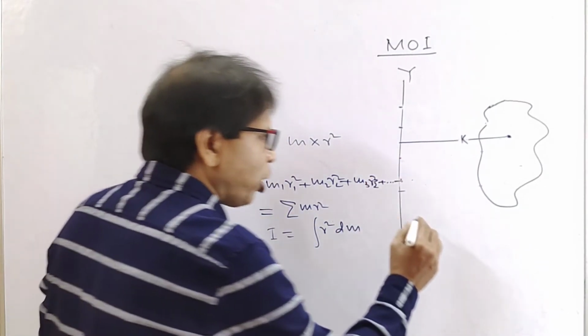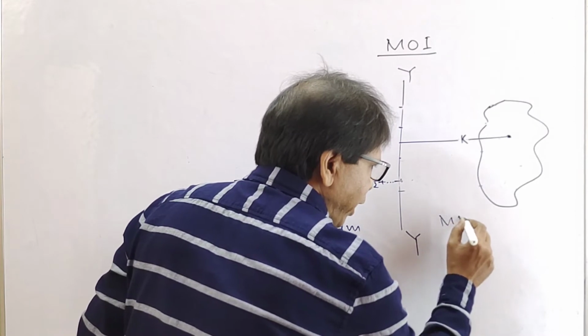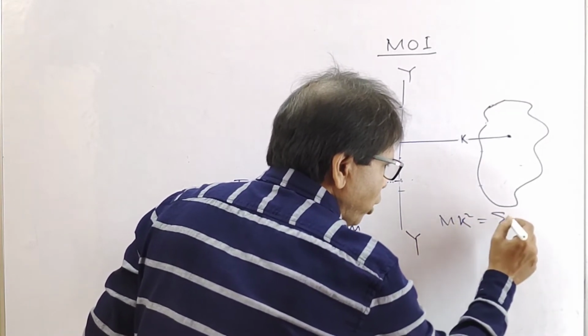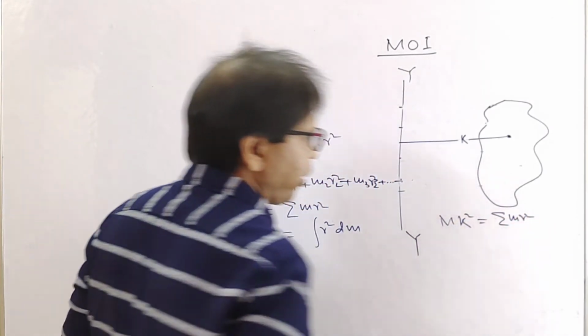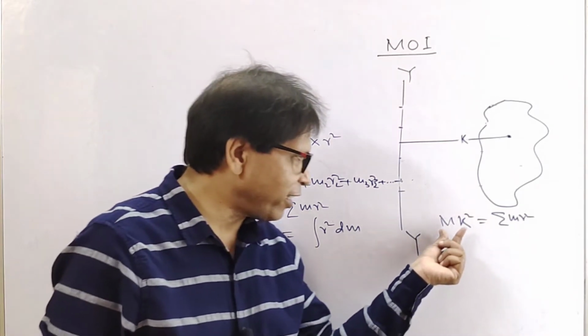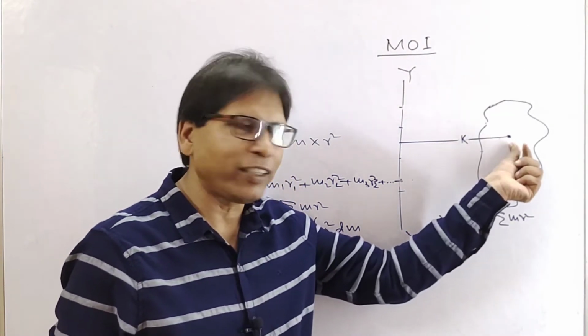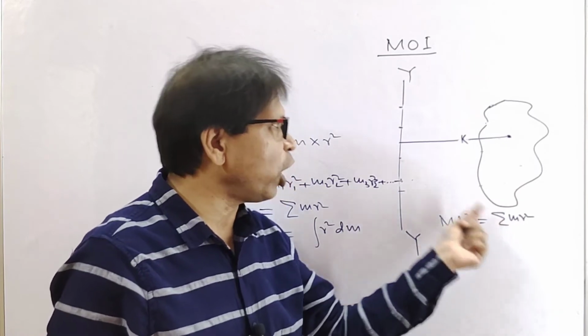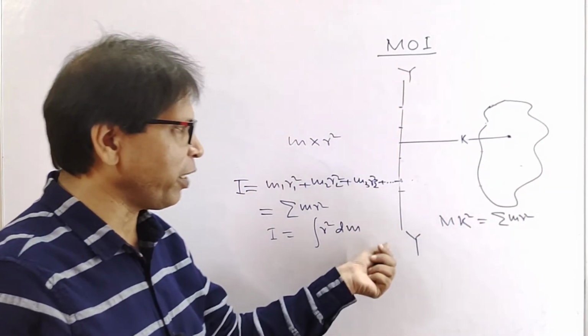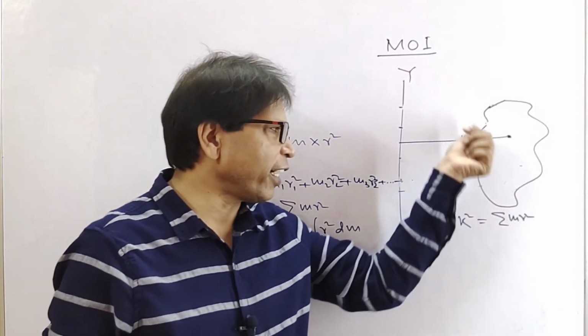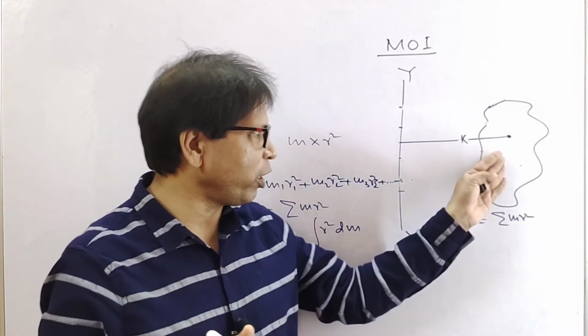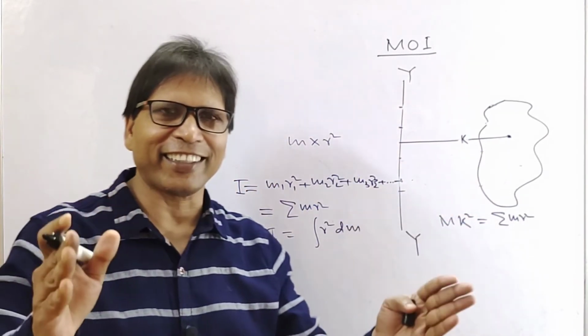If k is the radius of gyration, then m k square equals sigma m r square. So the moment of inertia of the point mass is equal to the moment of inertia of the body about the given axis, and this k is the radius of gyration of the body about this axis.